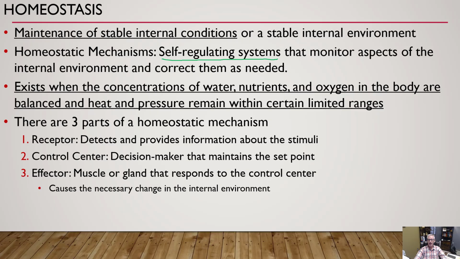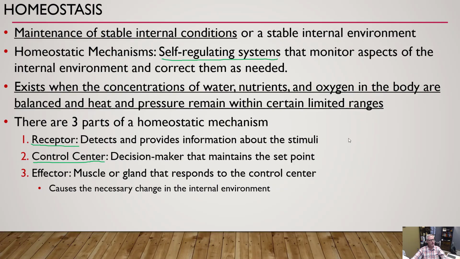Our cells have these receptors on them that will detect what our blood glucose level is. And then it's going to convert that information into electrical impulses and send that information up to the brain, the control center.